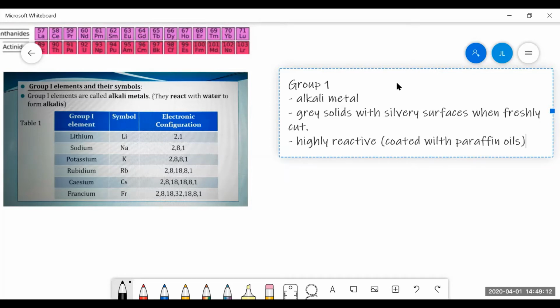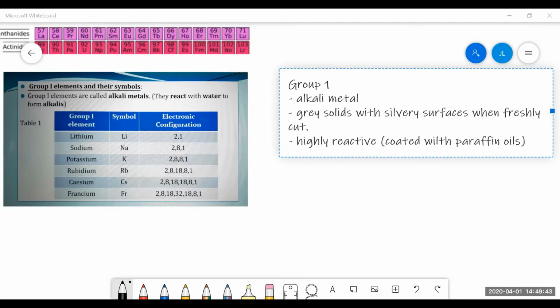That's why when you obtain these chemicals from the chemical company, they normally come coated with paraffin oil, so they won't react with oxygen and also water, the moisture in the atmospheric air. But the book said mineral oil. Paraffin oil is a mineral oil, I think.